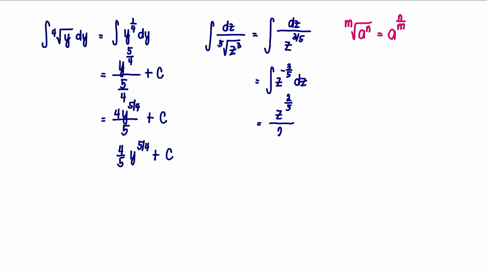Copy 2/5 in the denominator and then plus c. Find the reciprocal, so that's 5z to the power of 2/5 divided by 2 plus c. Or again, you can write that as 5 halves z to the power of 2 over 5 plus c.